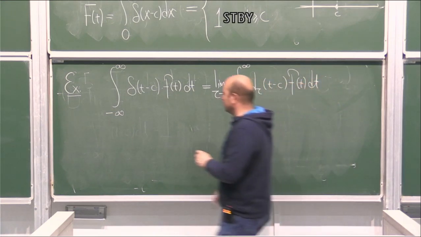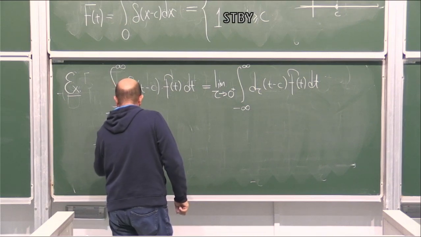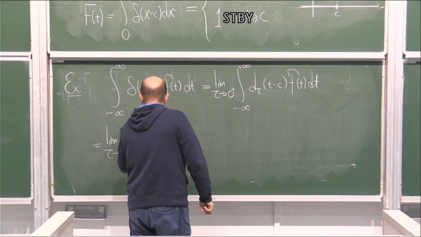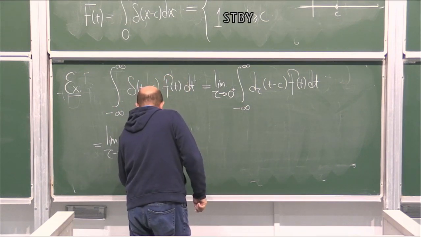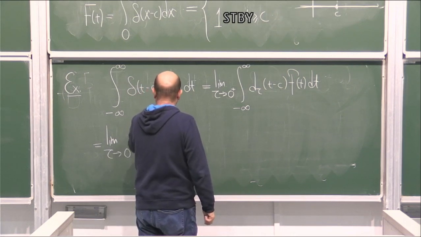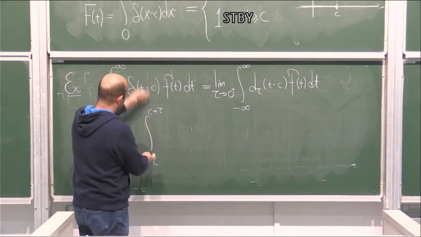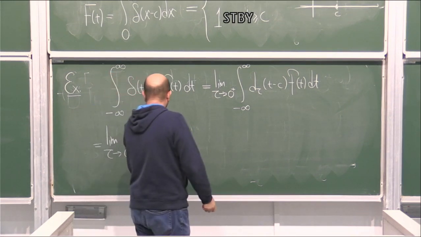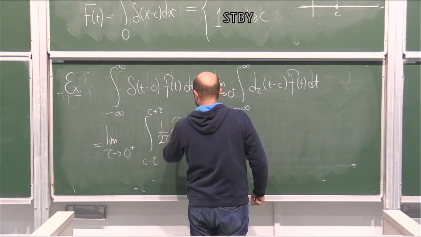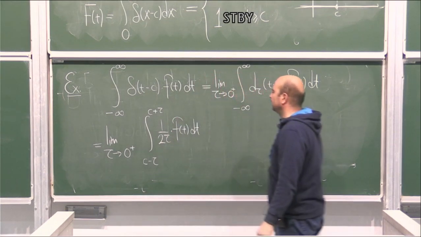So other than that interval, this function is completely 0, and this integral can be written in the following way. It is from c minus tau to c plus tau, an interval around c whose length is 2 tau. And there, my function is constant, 1 over 2 tau, times f of t dt. This is what we have.